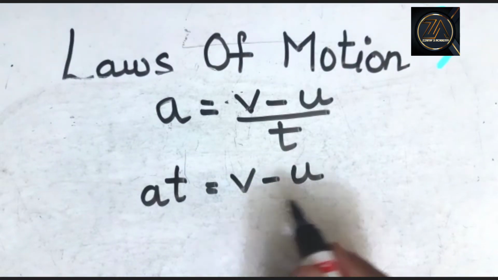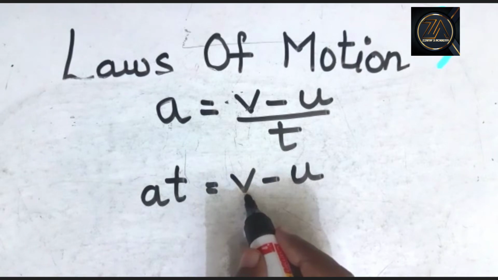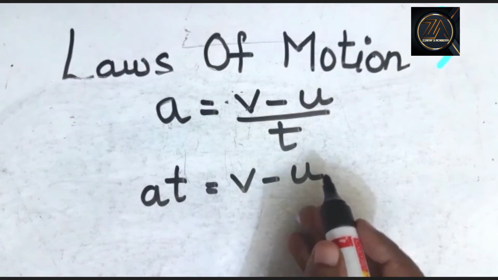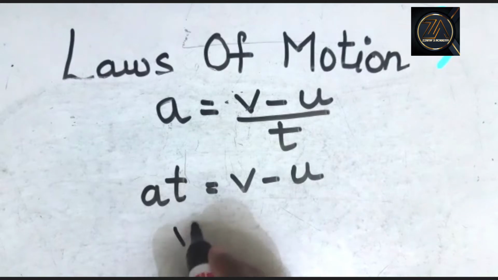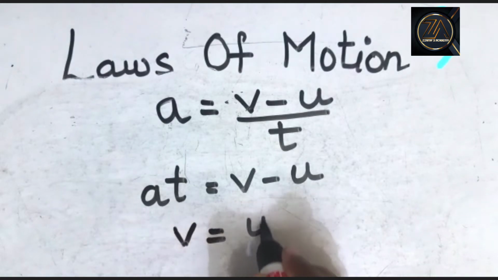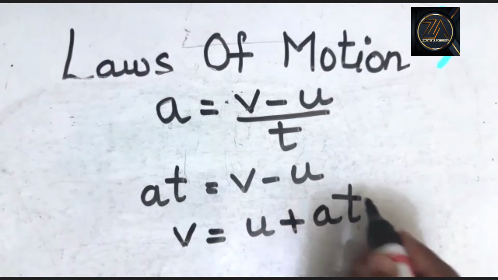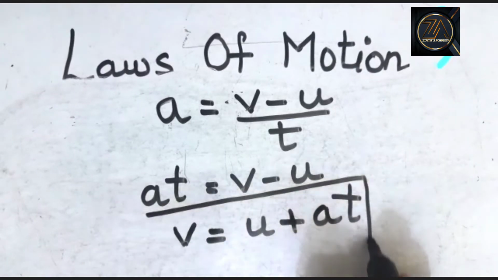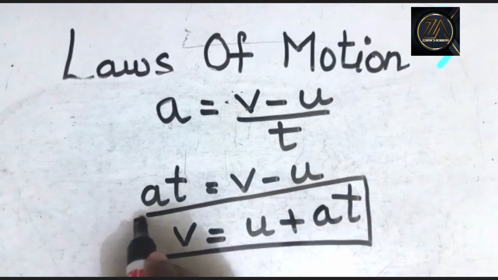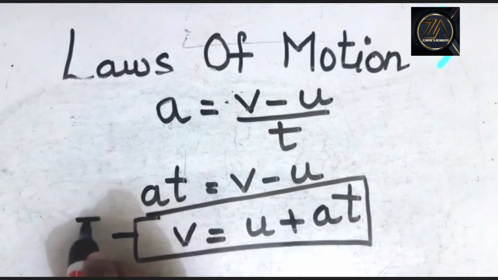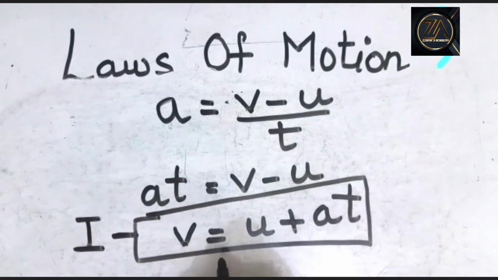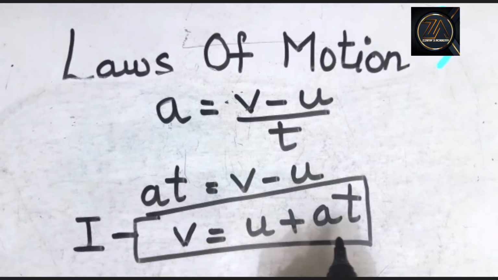Again, keeping v here only and bringing minus u to this side of the equal sign, we get the very first equation of motion, that is v equals u plus at. This is the first equation of motion. V equals u plus at.